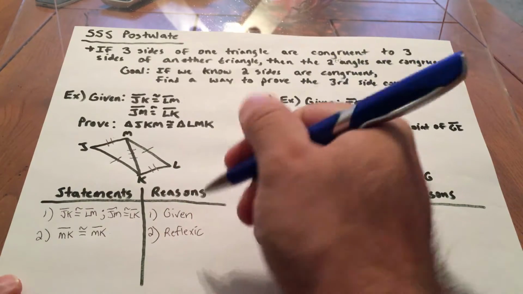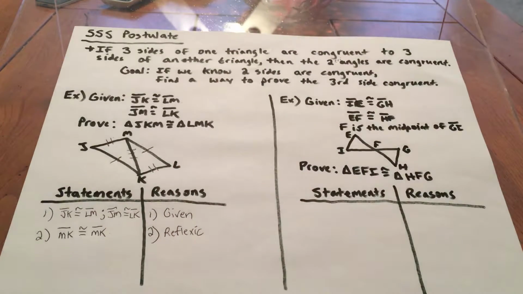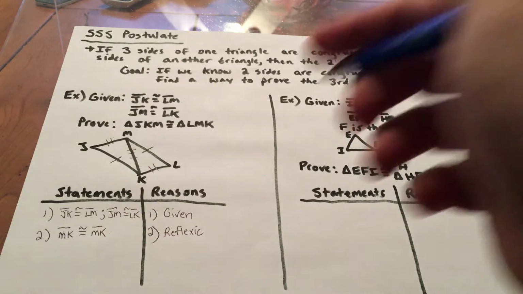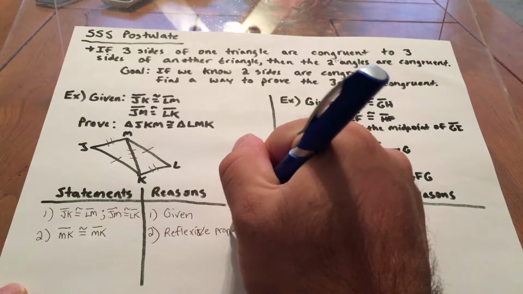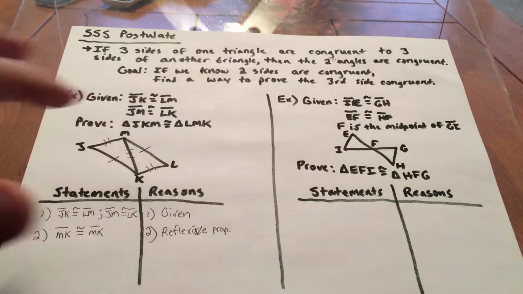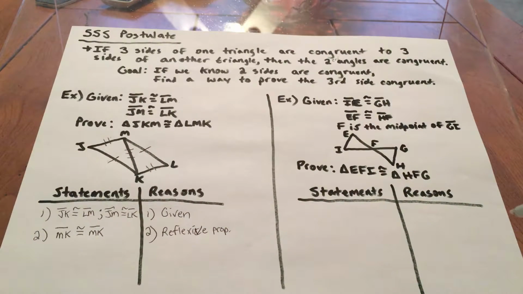It's basically saying that A is equal to A. It's sort of like the dummy reason. It's obvious that this is congruent, but you need to actually have a reason. So we'll say the reflexive property. That basically says that MK is congruent to MK.